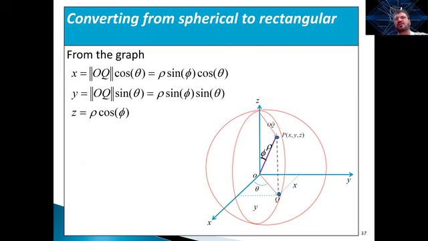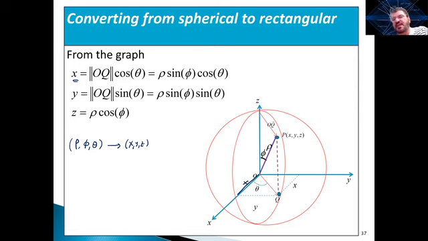Now, if I give you the spherical coordinates, which are rho, phi, and theta, can you change them to x, y, and z? Yes, we can. How? Look at this. Where is x? By the way, x is this one. X is adjacent to theta, isn't it?